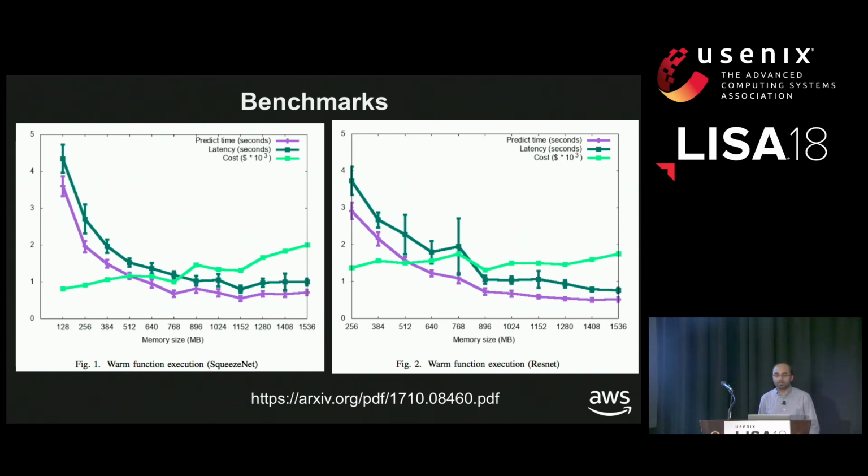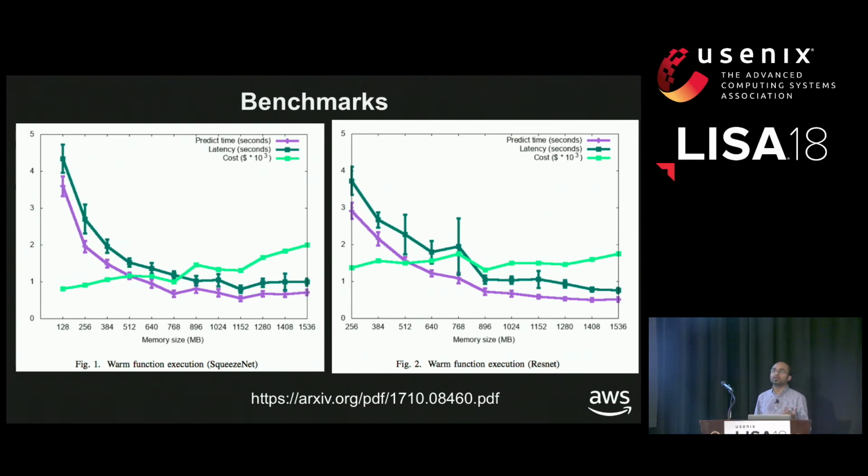But if you look at the cost aspect, there are 2 different models here, just to show the difference. The left one, SqueezeNet, is a much smaller, shallower model, and ResNet on the right-hand side is more sophisticated, with a lot more layers, so more compute intensive. The cost pattern looks pretty similar. So it's good to benchmark your application.